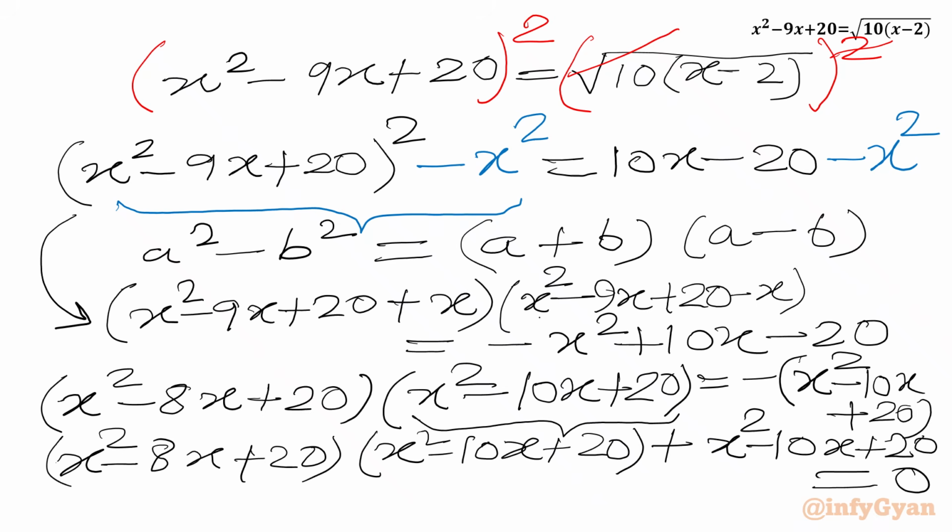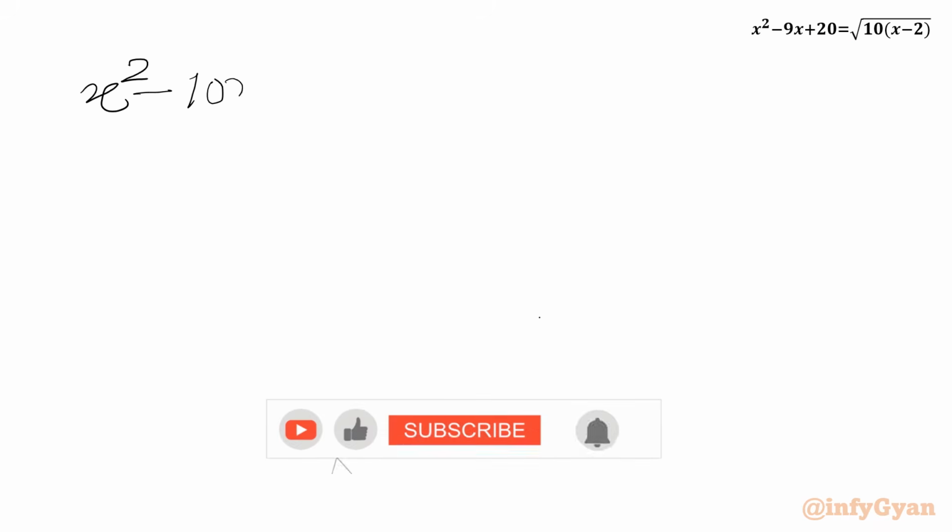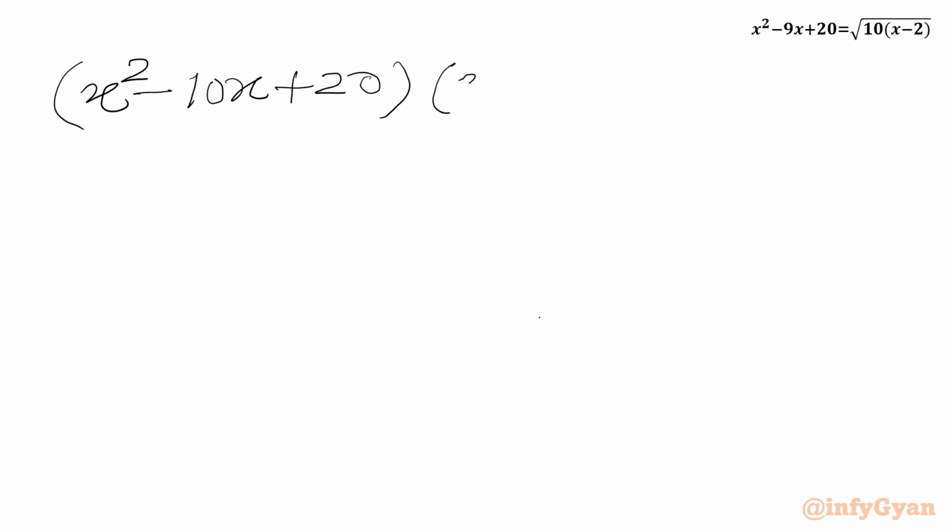Now we will take x squared minus 10x plus 20 common from the LHS. We will get x squared minus 10x plus 20 times, in the other bracket, x squared minus 8x plus 20 plus 1 equal to 0.